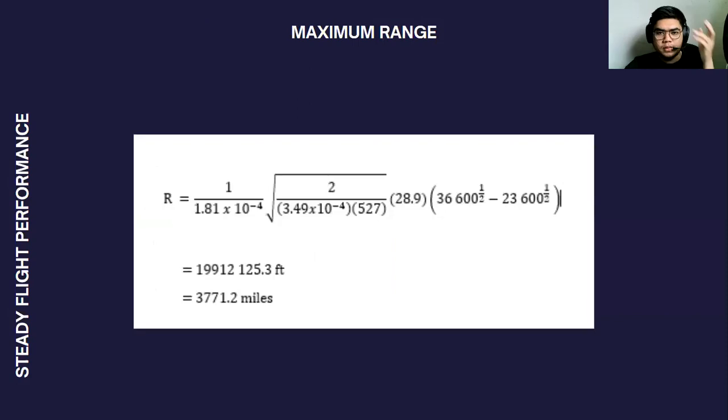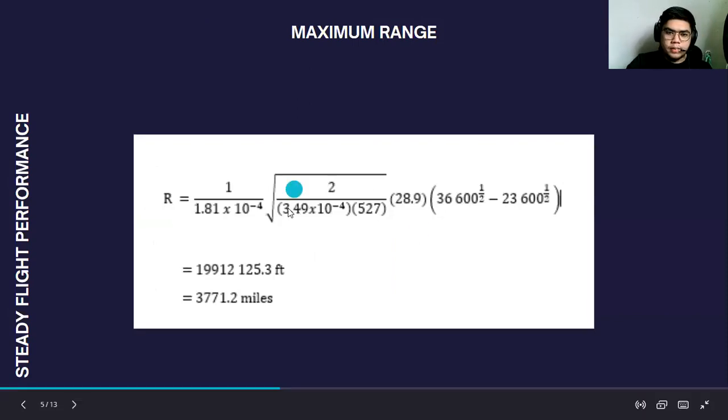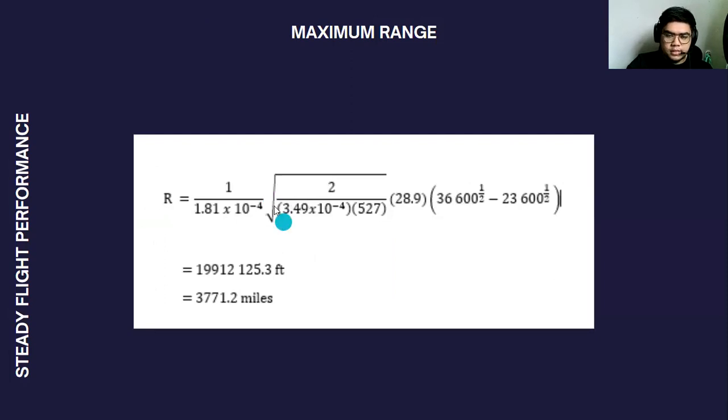Next, for the maximum range, I use this formula and apply it, and my maximum range for the Cessna Citation X is 3771.2 miles. So basically, this range is near to the general Cessna Citation X aircraft figures on the internet.